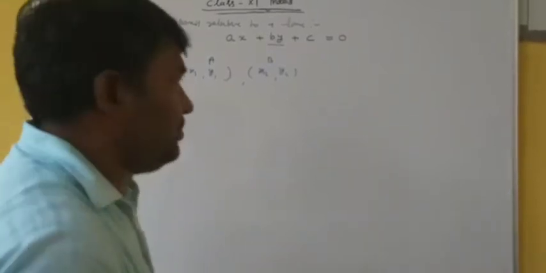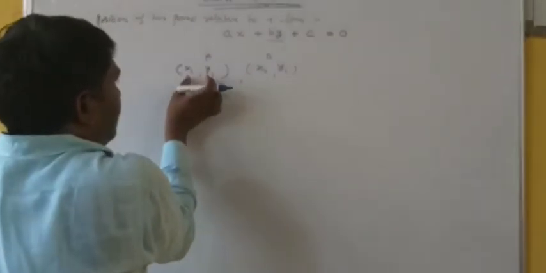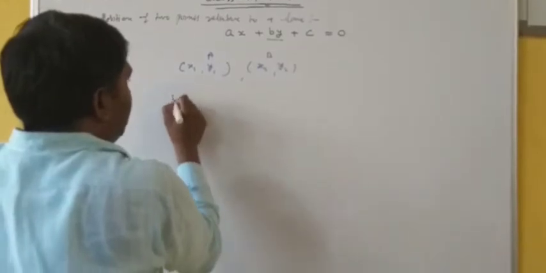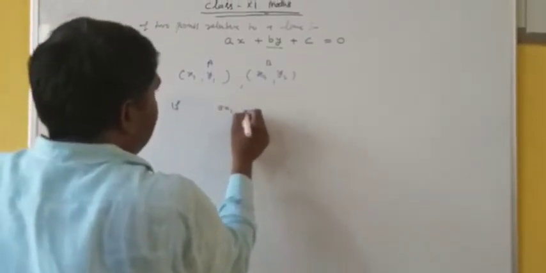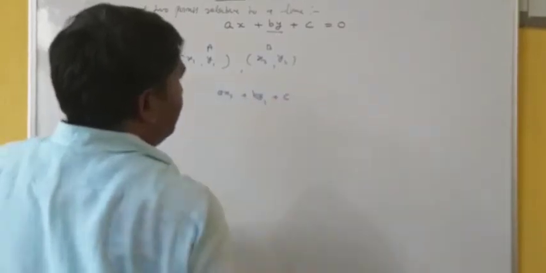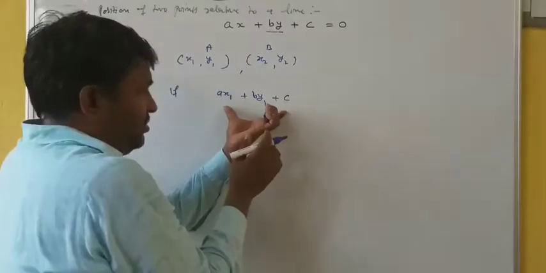Then how will you check? See, we put the values of x and y in this equation, ax1 plus by1 plus c, whatever c is, and just calculate this value.